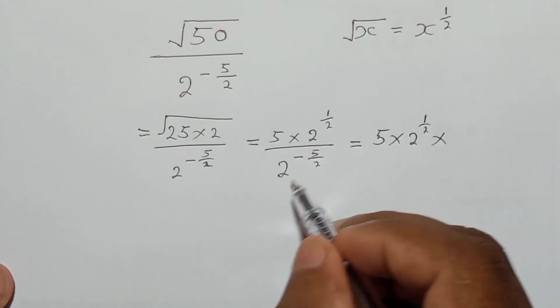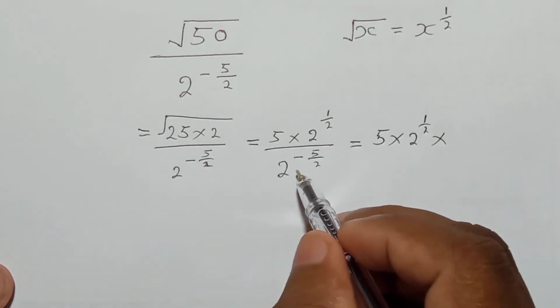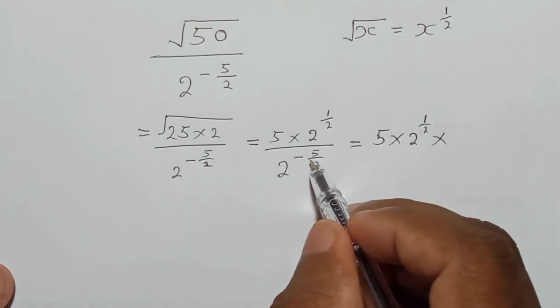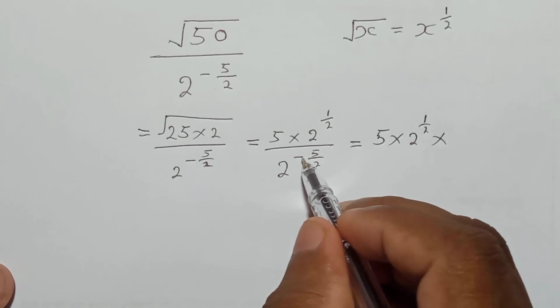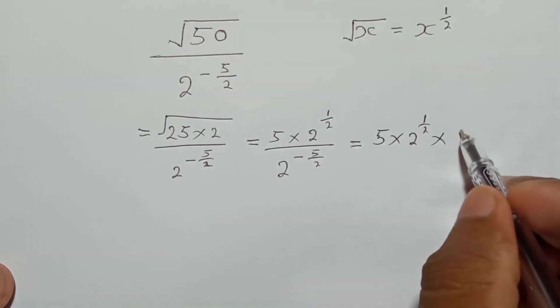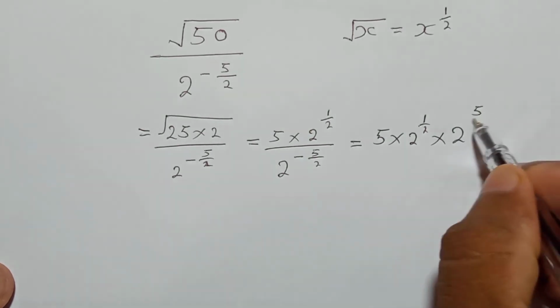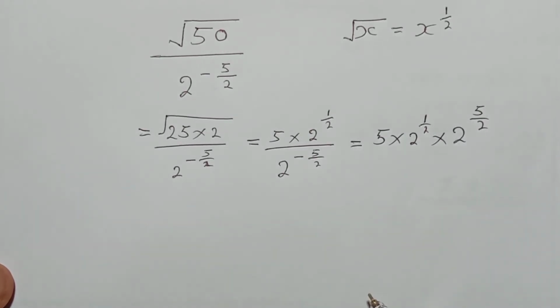When I bring this denominator power into the numerator, the index sign must be changed. This index sign is negative, minus, it will change to positive, plus. So it will be 2 to the power 5 over 2, right?